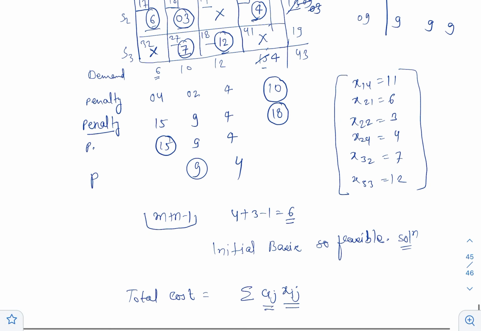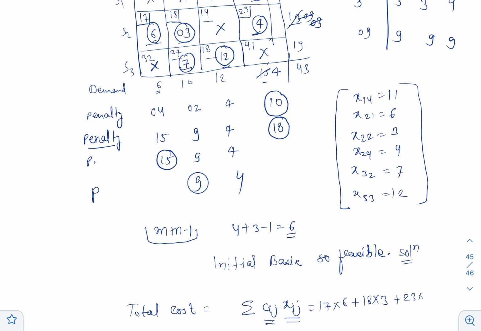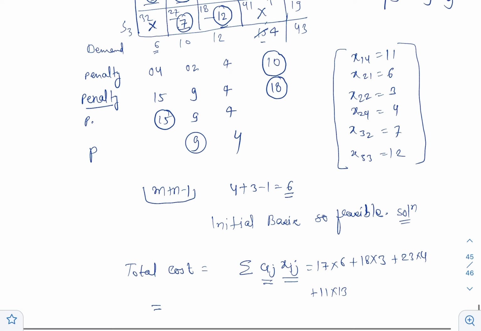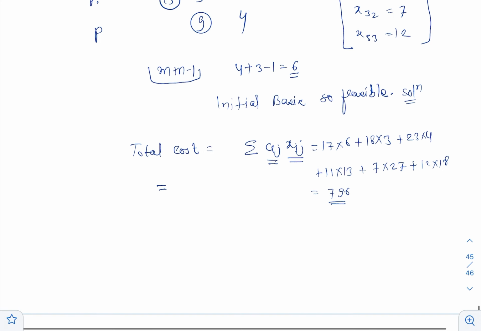So it is equal to 17 into 6 plus 18 into 3 plus 23 into 4 plus 11 into 13 plus 7 into 27 plus 12 into 18, which is equal to 796. So this is the total cost of the initial basic feasible solution.